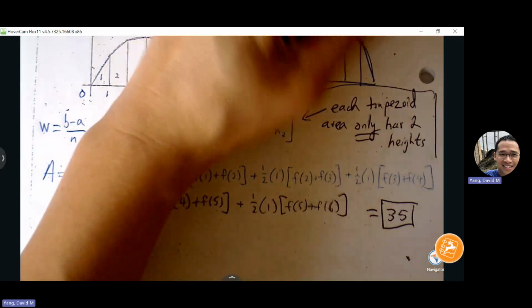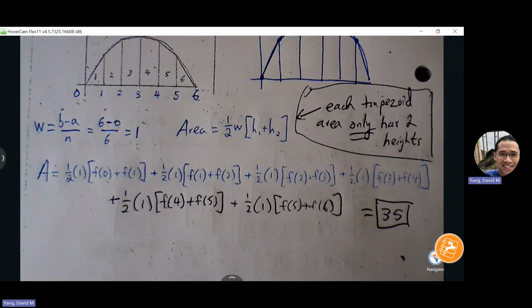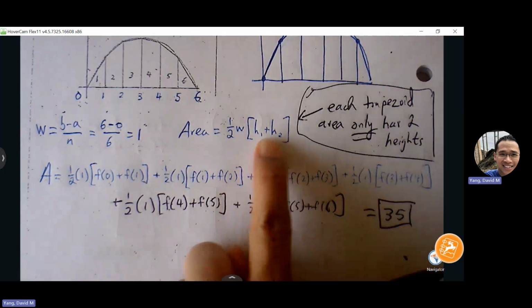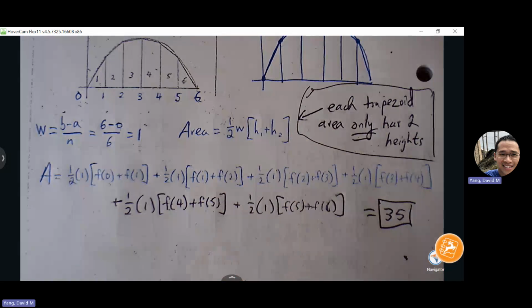I know that seems obvious right now, but later on, when you see a table of values that spans a lot of different y values, students naturally tend to want to add up all the heights for that trapezoid. But every trapezoid is only going to need 2 heights. We're not going to add up all the heights for that region. We're just going to pick out the ends if it's just one trapezoid.